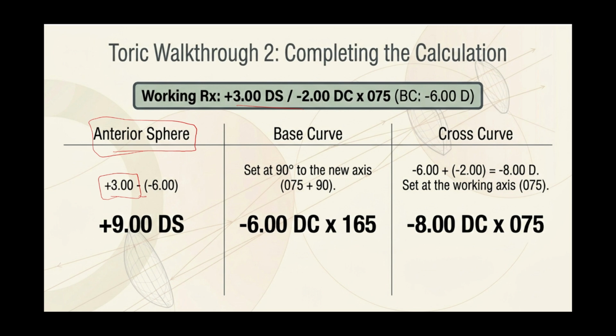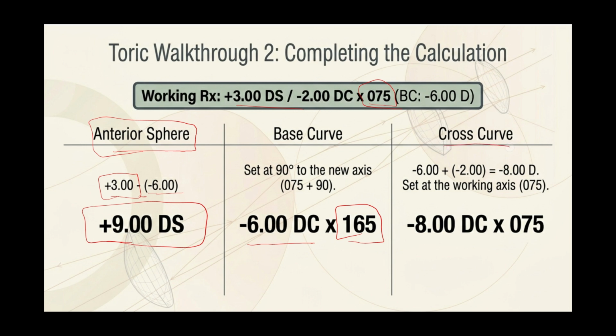So plus 3 minus of minus 6, we end up with plus 9 diopter sphere. And base curve, we have to rotate it by 90 degrees. So since after simple transposition we got 75, by rotating it we get 165 as the new axis. So the base curve is minus 6 diopter cylinder at 165 degrees.